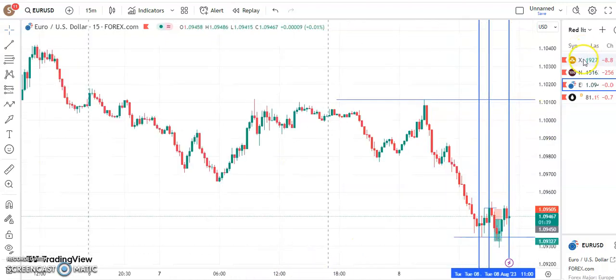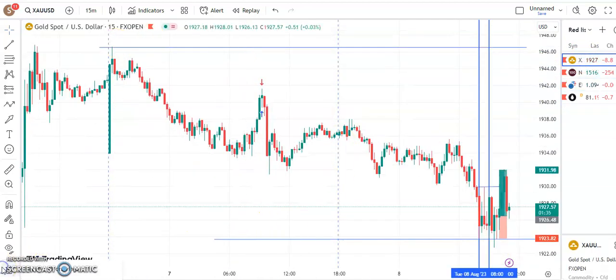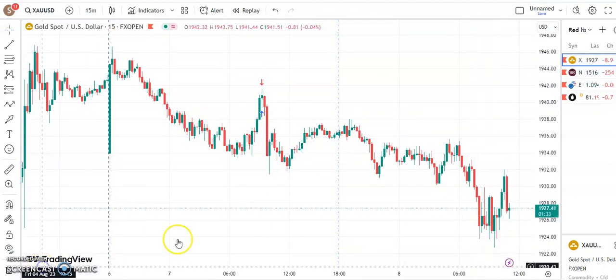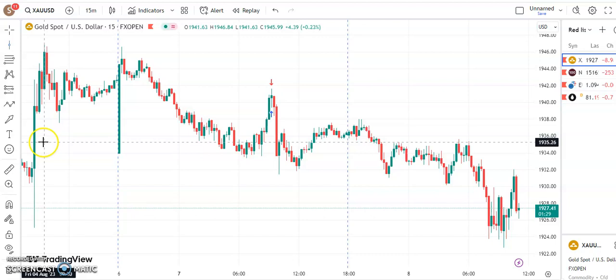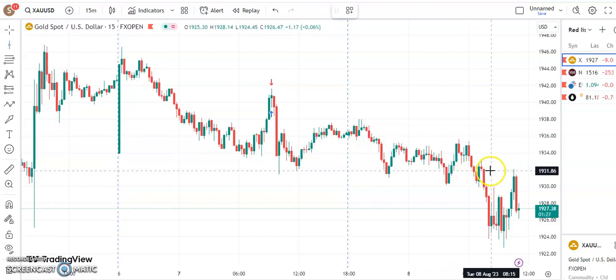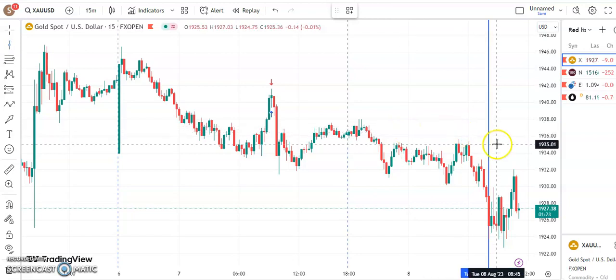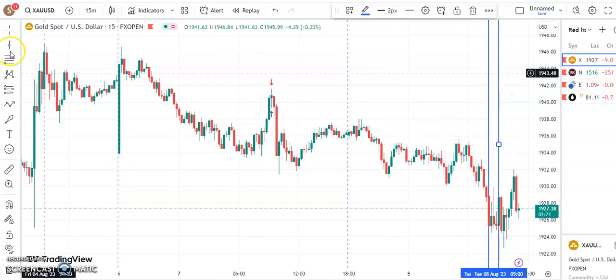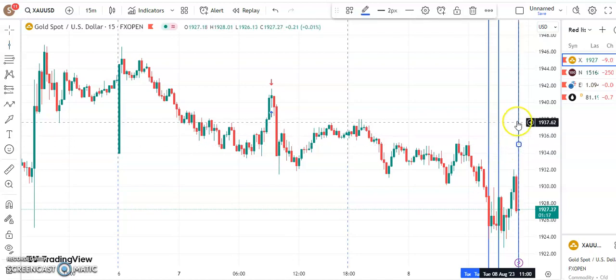Let's look at gold. So on gold today, let's start over from everything. We separate 8 and then 9 and then 11, right?